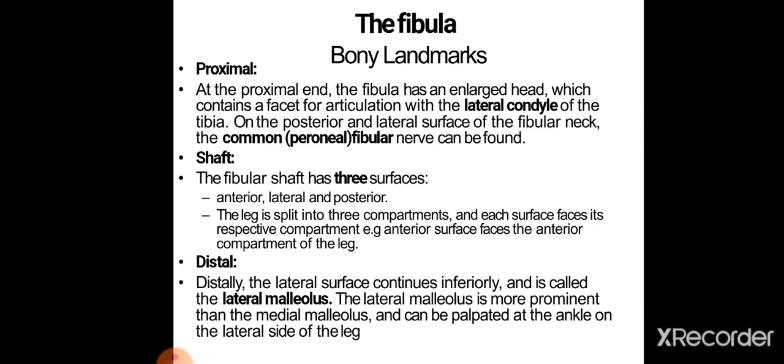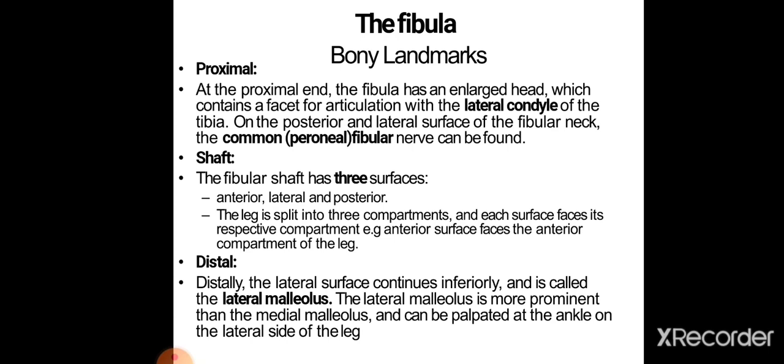Now at the proximal end, the fibula has an enlarged head which contains a facet for articulation with the lateral condyle of tibia. On the posterior and lateral surface of the fibular neck, there is an important nerve related to this bone, the common peroneal nerve. The shaft has three surfaces: anterior, lateral and posterior.